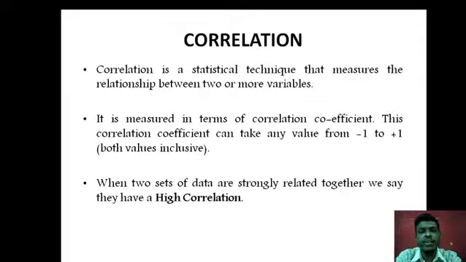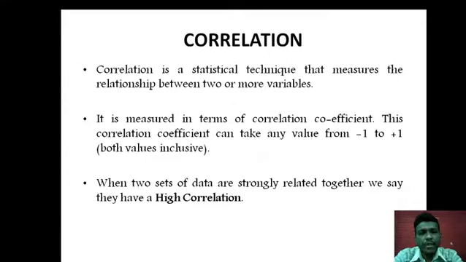If we are studying the relationship that exists between these two variables, or we are trying to understand the degree of association that exists between them, then we are doing a correlation study. It is measured in terms of the correlation coefficient.